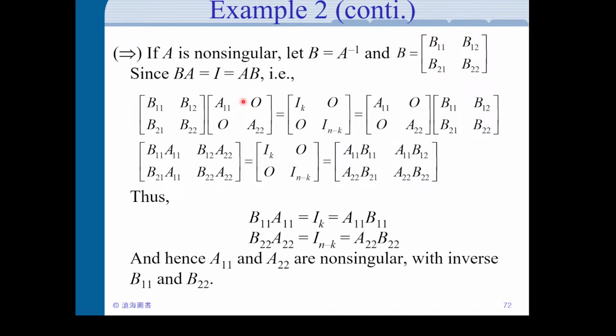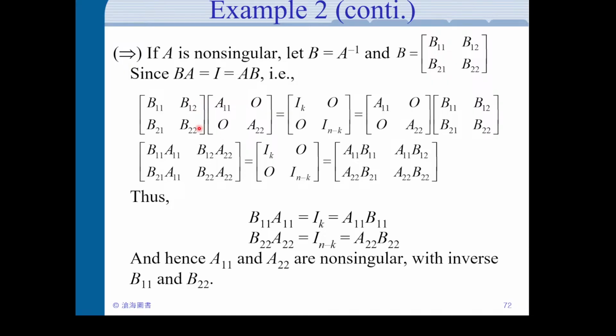Then the actual multiplication: this element will be B11 multiplied on A11, and then those two multiply and become 0.